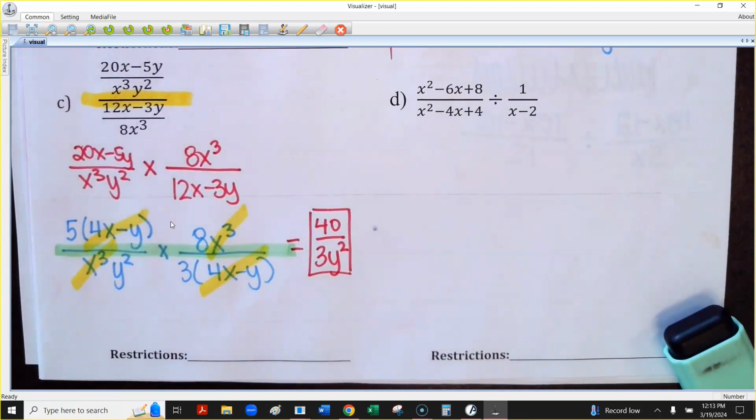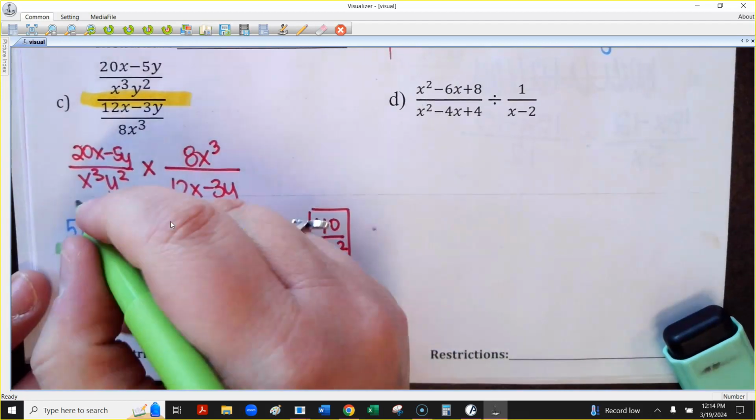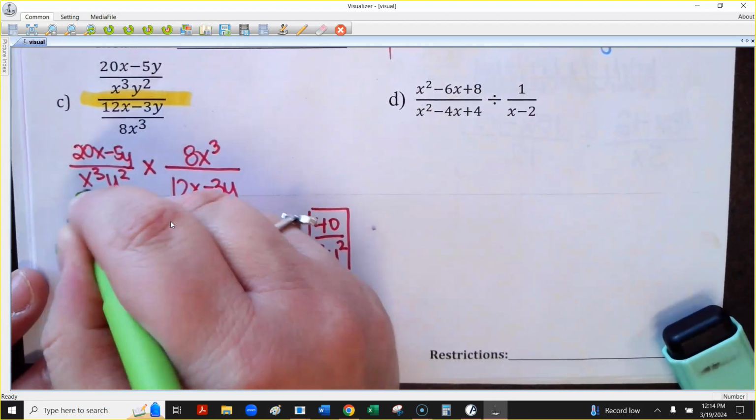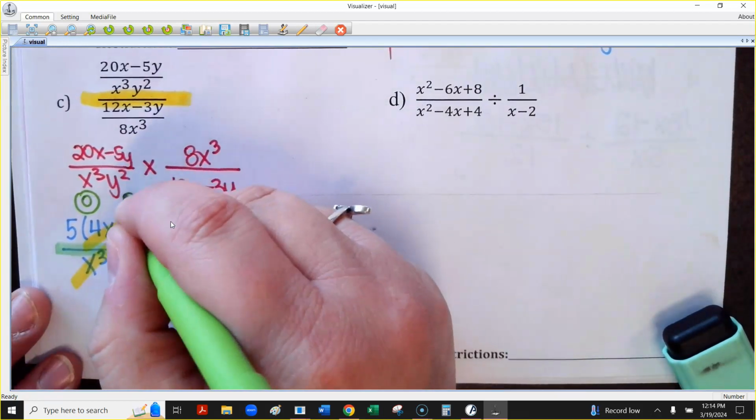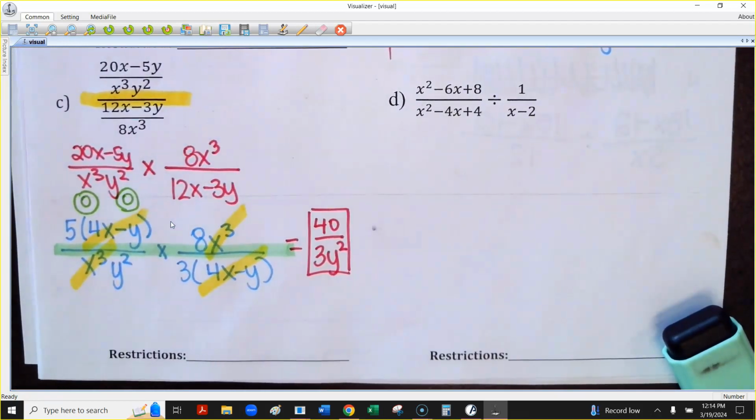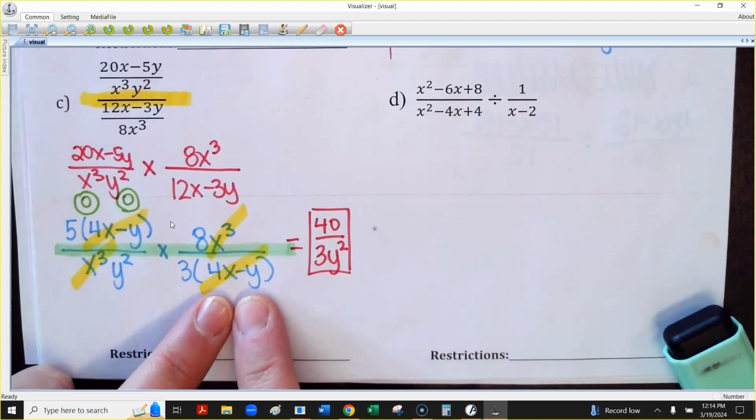Now, for my restrictions, let me go back here. So this problem right here, 0 would be a problem for x, because 0 cubed would be 0. 0 would also be a problem for y. And then this is the one that's kind of weird: 4x minus y.